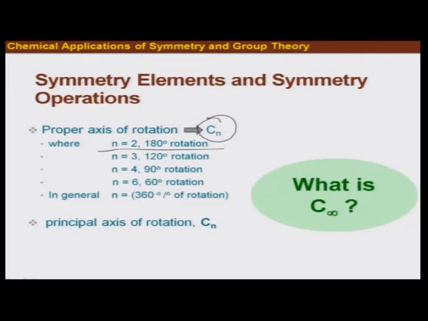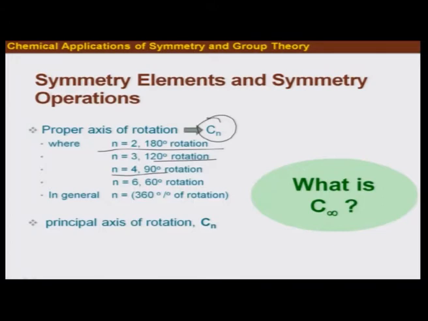If I have a 120 degree rotation and we can get an indistinguishable object, then this n here that is written in this Cn is called the order of rotation. Okay. So, for a 120 degree rotation, you have an order equal to 3. Similarly, for a 90 degree rotation, you can have an order 4.